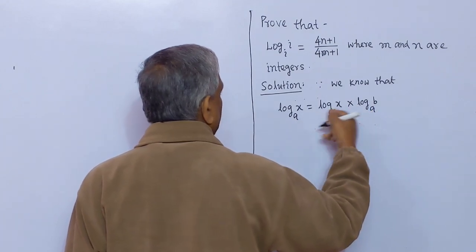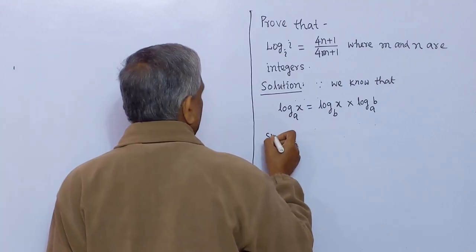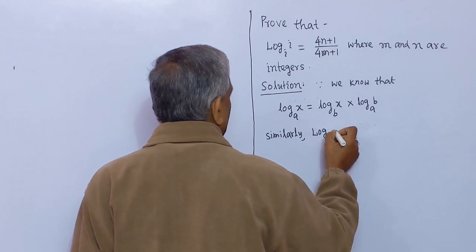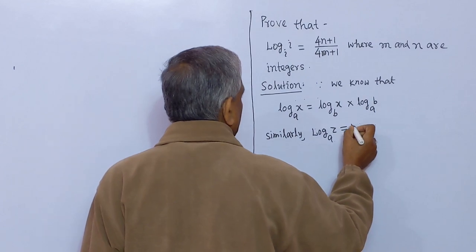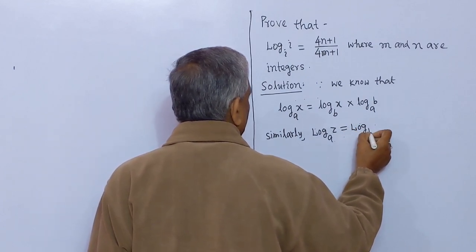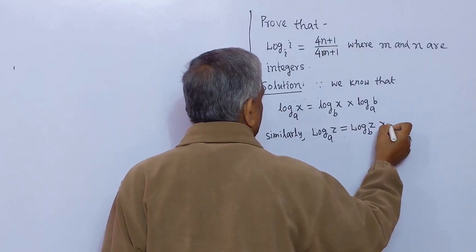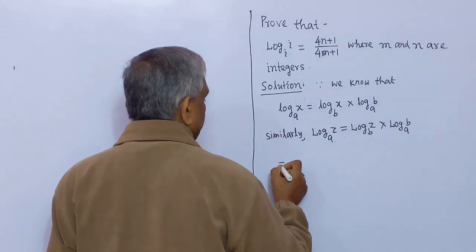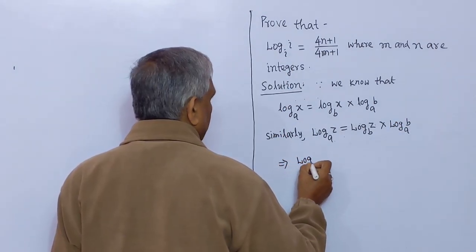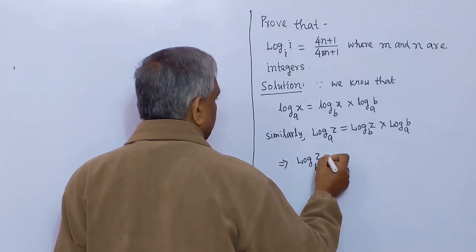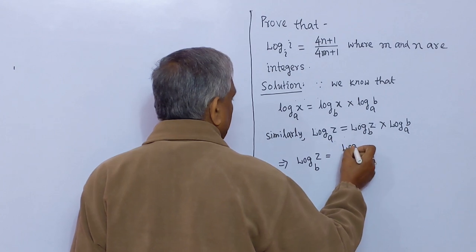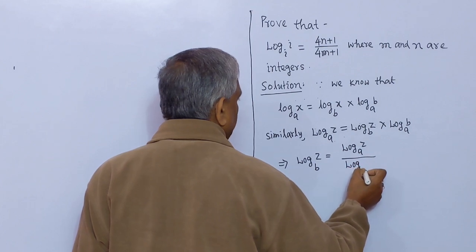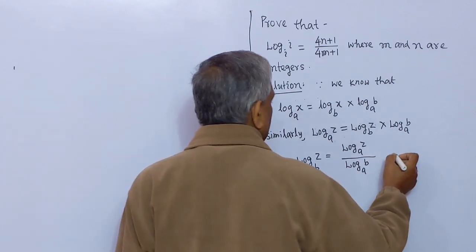Similarly, capital Log_a z = capital Log_b z multiply capital Log_a b implies that capital Log_b z = capital Log_a z / capital Log_a b. Let this be number 1.